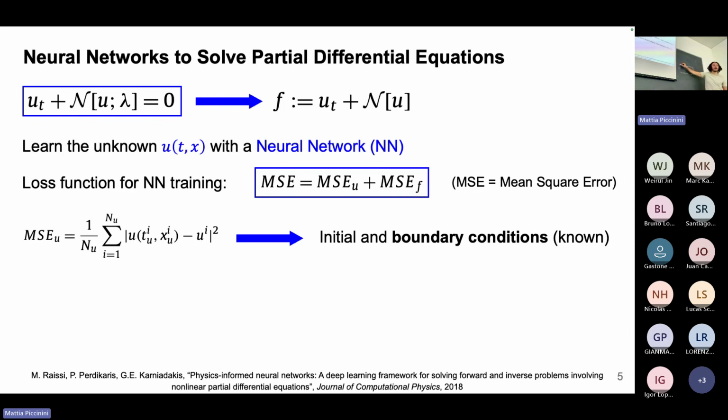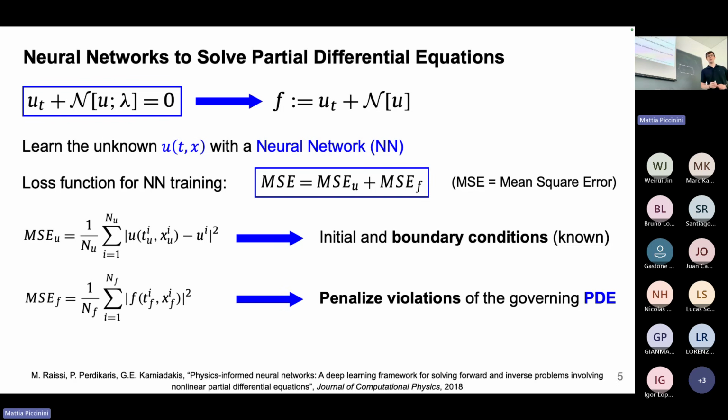We want to learn the solution inside our domain, but the boundaries could be given, or at least some points along the boundaries. So in this case this u^i is something known: the solution at certain points i is known. We can have a certain number of boundary conditions that we want to impose. We don't want to learn everything, but something is known, of course.